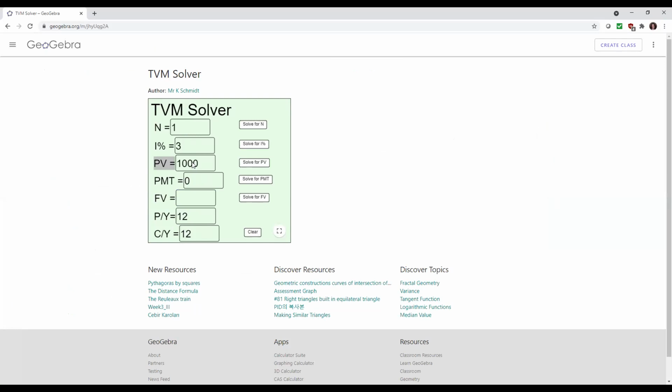We still have an interest rate of 3. The only thing that changed is now we're looking at 6 months. So we'll click on solve for future value. Notice that the second decimal place is missing, so you're going to need to click on that to see how much you have. In this case, we have $1,015.09 when it's compounded monthly for 6 months at 3%. And we'll go back to our problem.